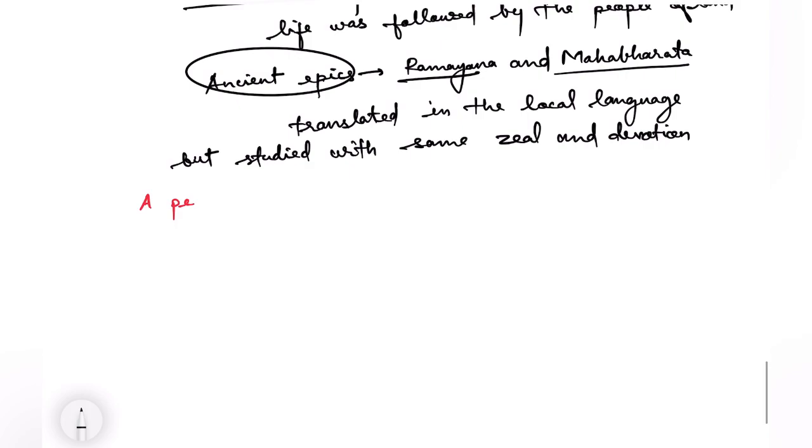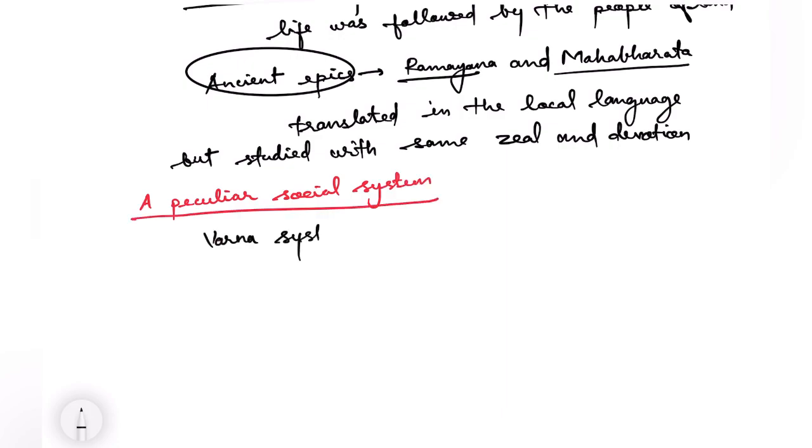Now we will talk about the social system that developed in India. The social system of India was a very peculiar social system, because in the Indian social system there arose the Varna system. Varna means people were divided into different Varnas.